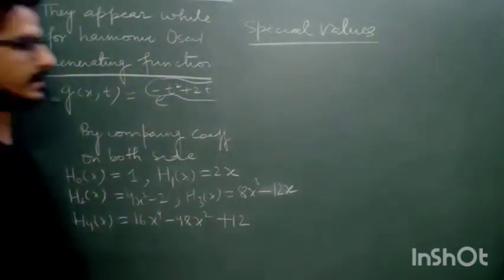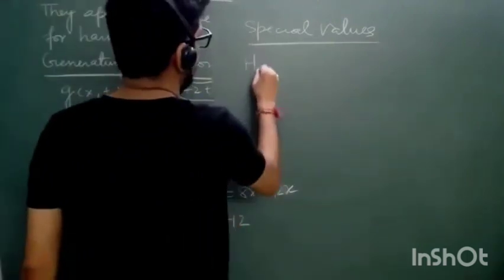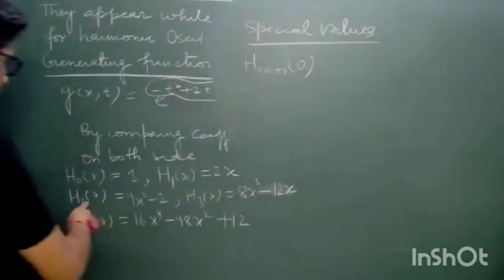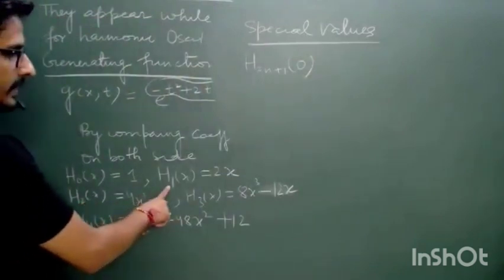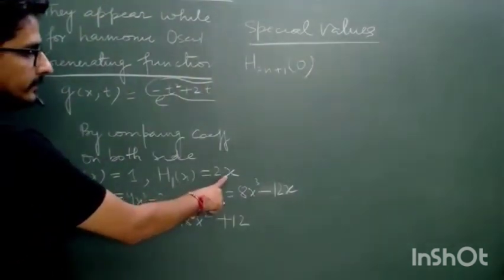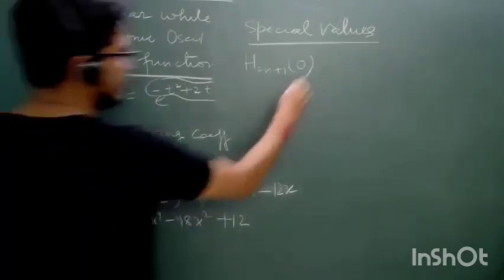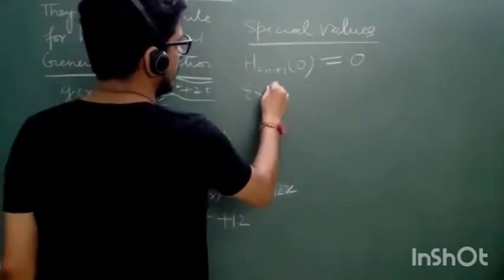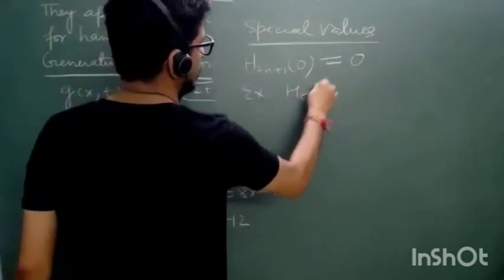The first one is h of 2n plus 1 at 0. The odd term, see, for example h1, at 0 it will become 0. So like this is a previous year question, that what is the value of h5 at 0?